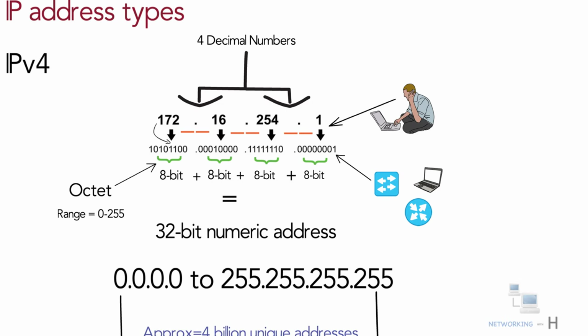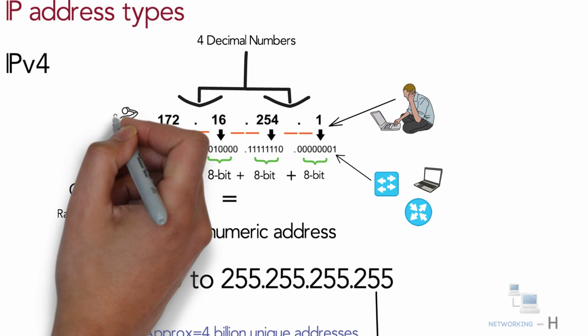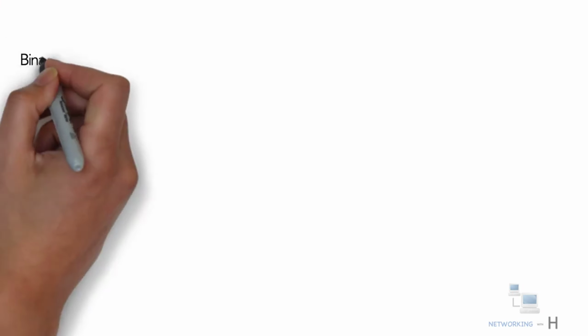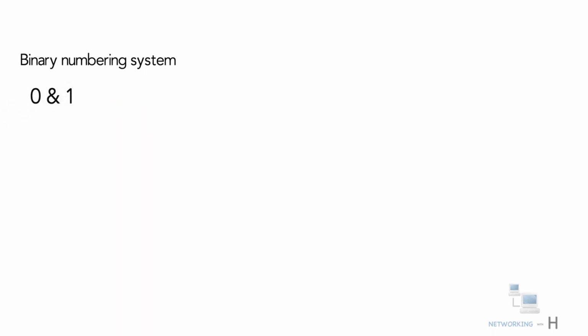So the question is, how do we get these binary numbers from this IP address? The binary numbering system is a base 2 numbering system, meaning there are only two base numbers, 0 and 1. All other numbers are created from these two numbers.